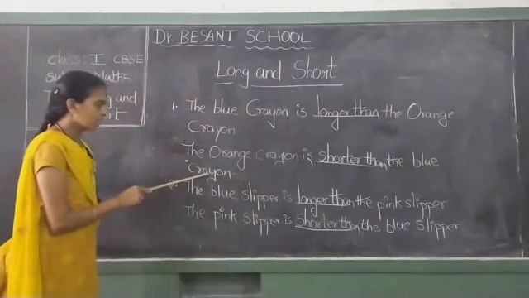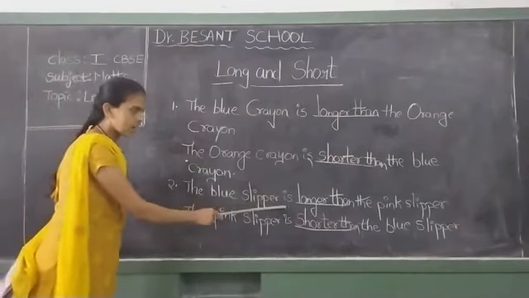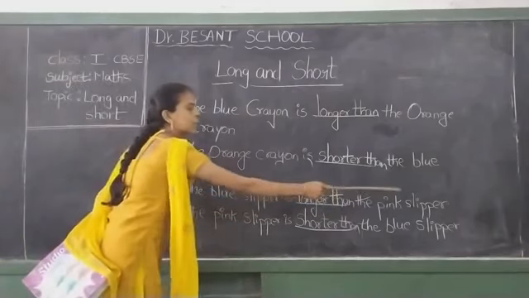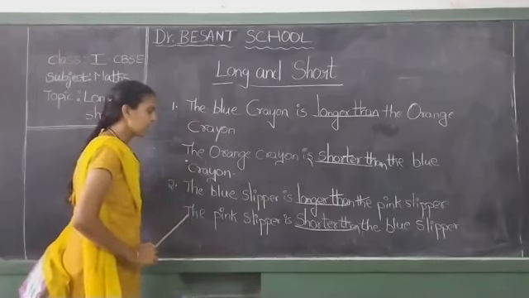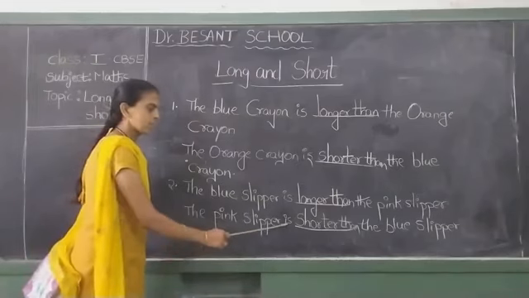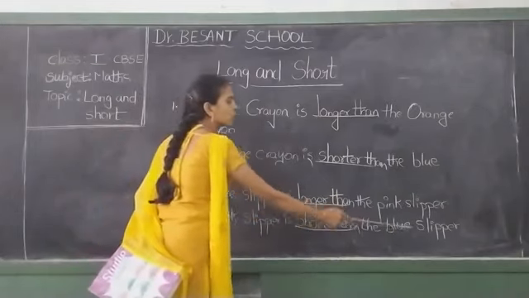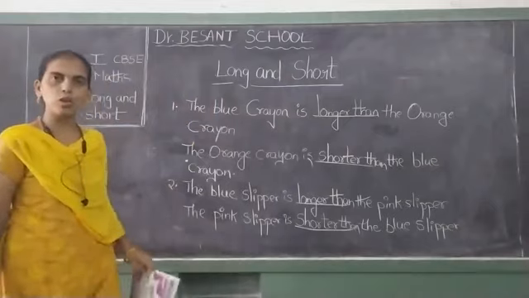Once again, second question. The blue slipper is longer than the pink slipper. Next one. The pink slipper is shorter than the blue slipper. So children, please do copy in your studio book.